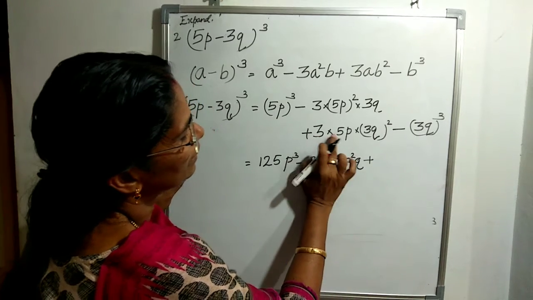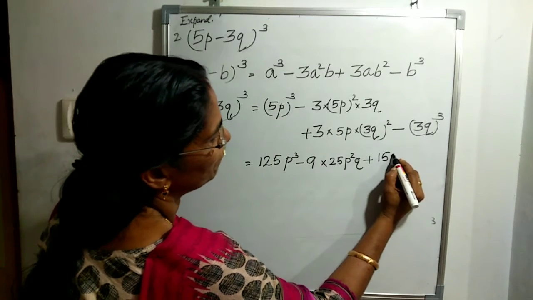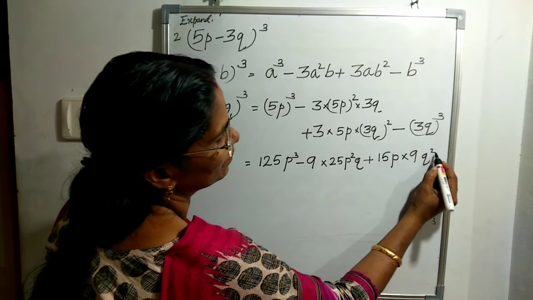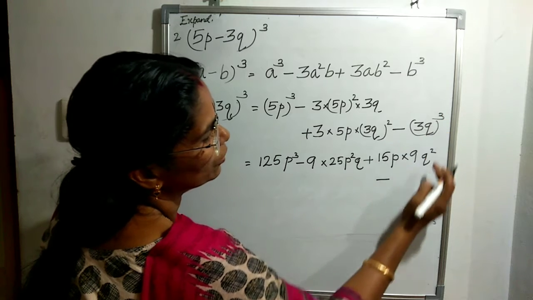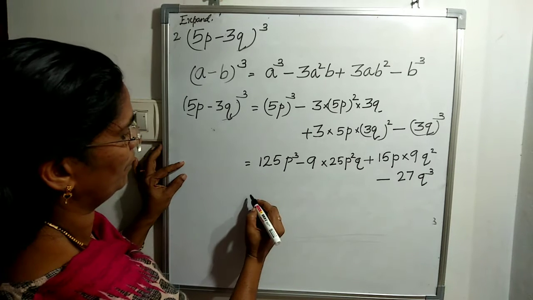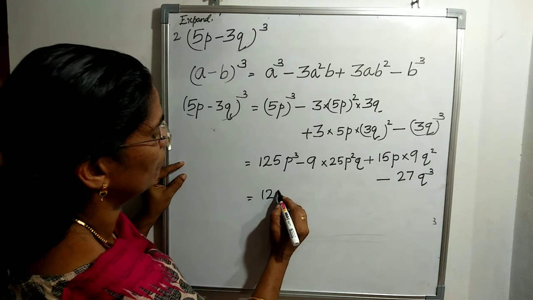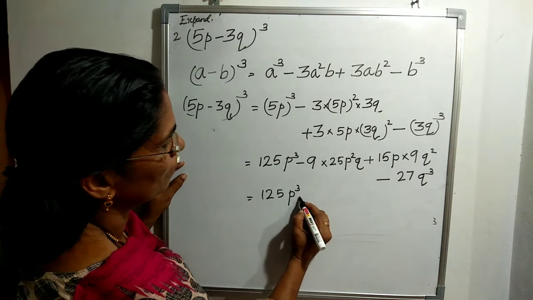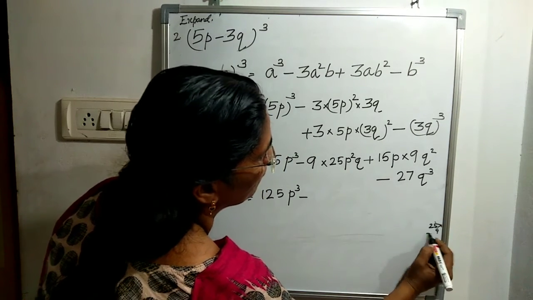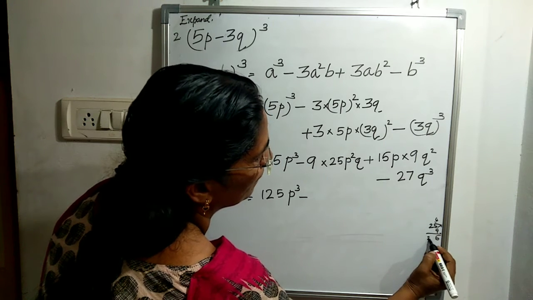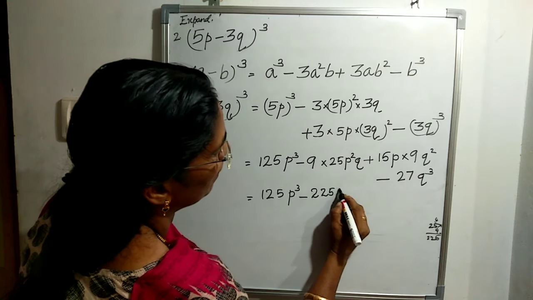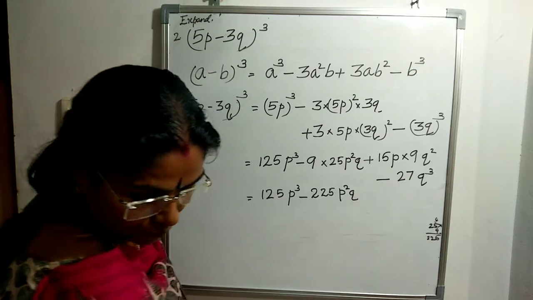Plus 3 into 5 is 15 p, its square it is 9 q square, minus 3 cube is 27 q cube. Again solving: 125 p cube minus 25 into 9, 225, so minus 225 p square q.